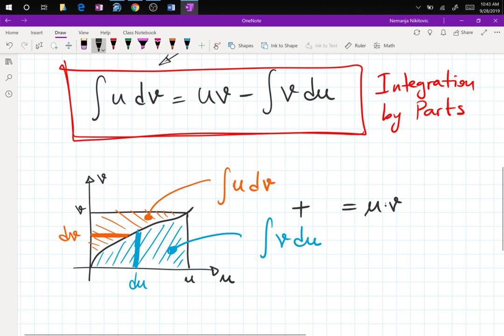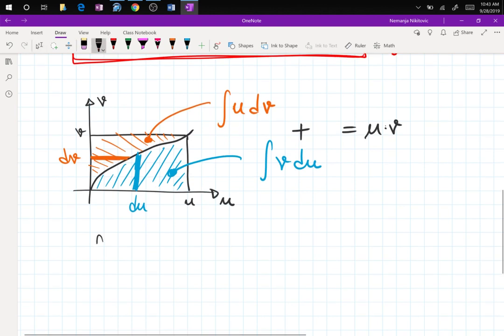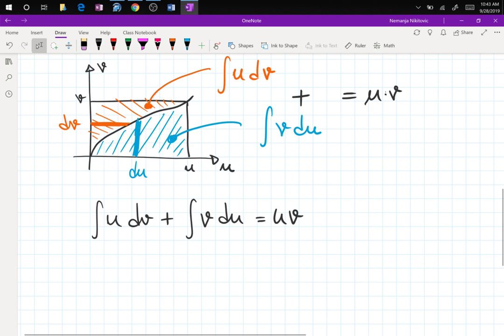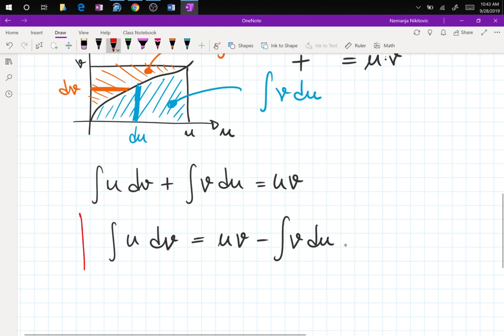Because you see that when you add the blue and the orange together, you get the full rectangle, and that full rectangle is u times v. So you get the integral of u dv plus integral of v du is equal to uv, and you just subtract the integral, and here's integral u dv is equal to uv minus the integral of v du, and there's your integration by parts again.